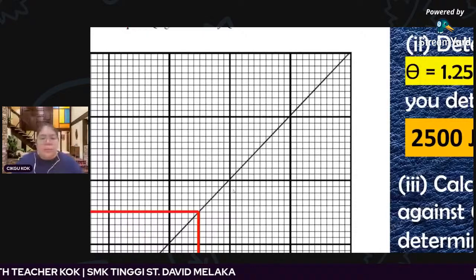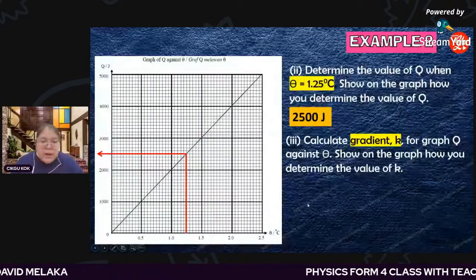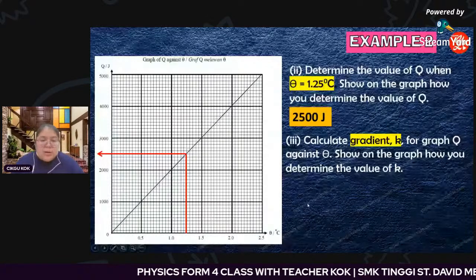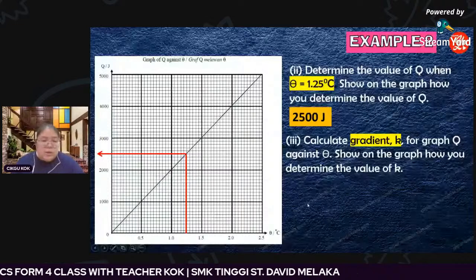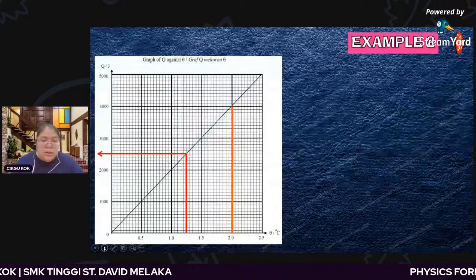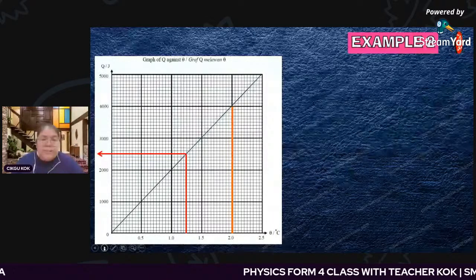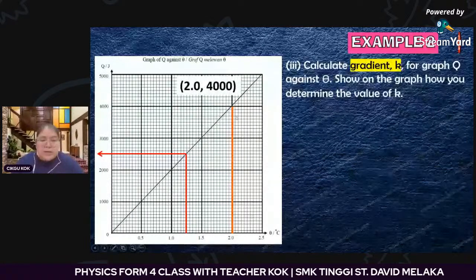So from here, I'm going to do my calculation. Okay, I show the point first. So I take this point, this whole triangle. So for the triangle, I must have the coordinates. So I show the coordinate first. My coordinate is this point: 4,000 is the y-axis and 2 is my x-axis.